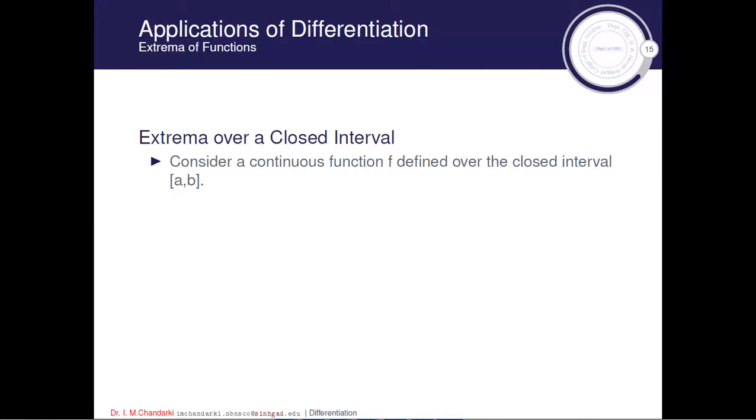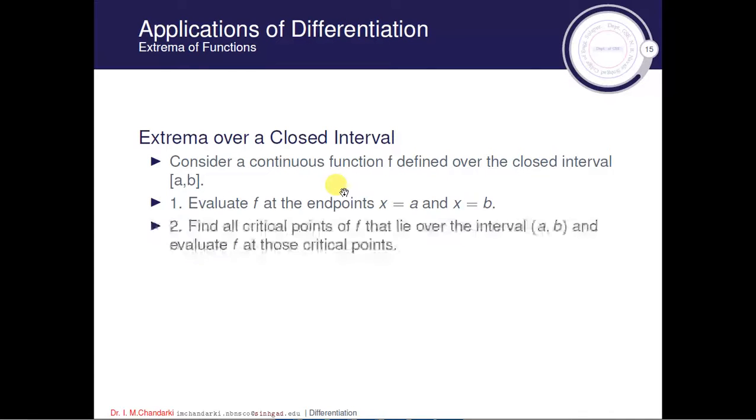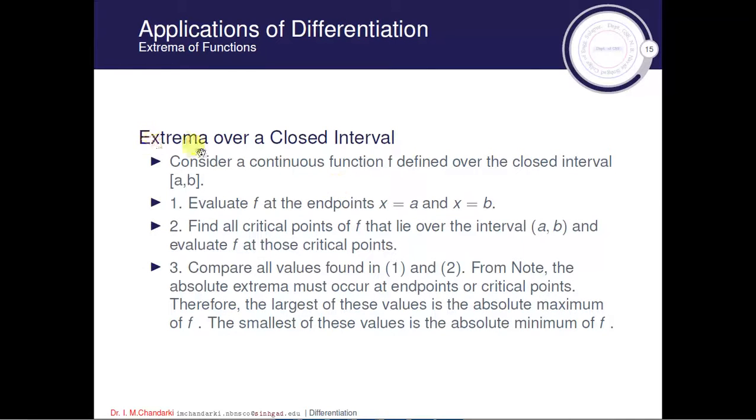Now what is the criteria for recognizing the extreme points, and also what are the extrema, that is the values of the maximum and minimum of the function? For finding that, let us follow this algorithm. There are a few steps, so let us read out these steps.